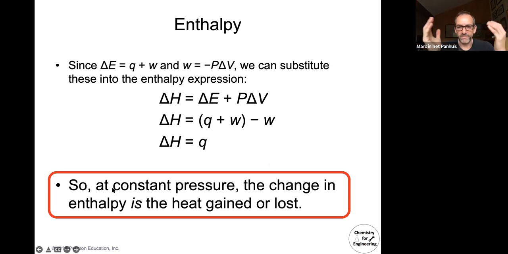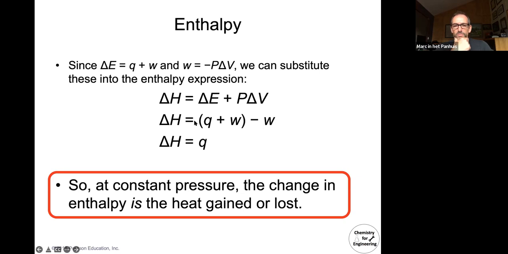We can then do a bit of substitution, because we obviously know what delta H is. Delta H is the sum of the heat plus work, so delta H is Q plus W. We also know that we can define minus P times the change in volume as work.